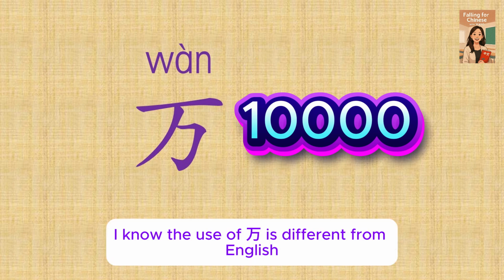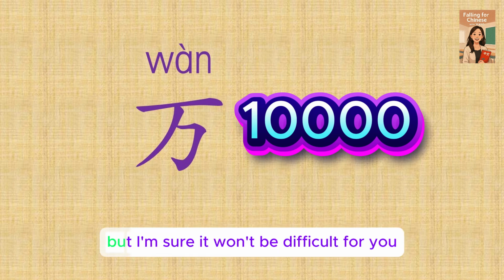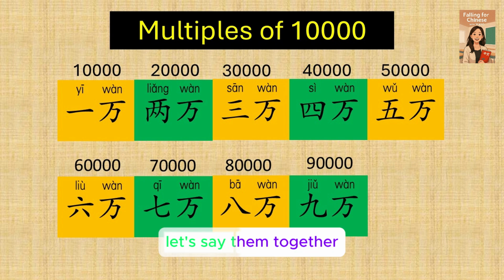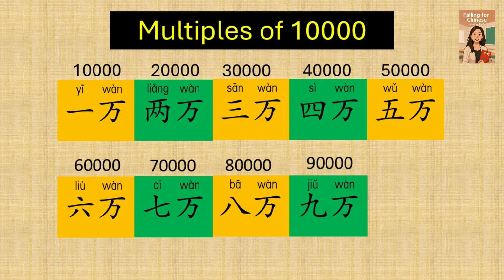I know the use of 万 is different from English, but I'm sure it won't be difficult for you. Let's say them together. 一万, 两万, 三万, 四万, 五万, 六万, 七万, 八万, 九万.